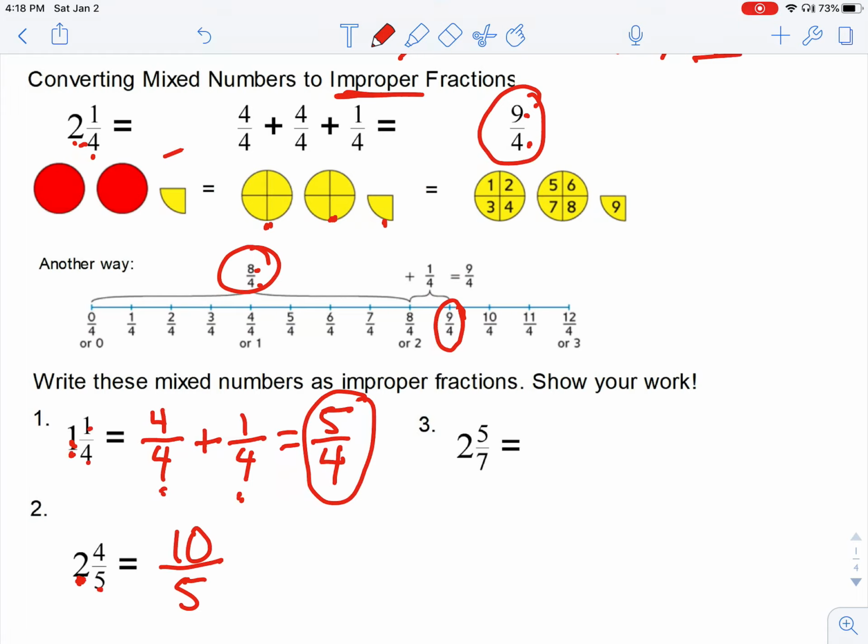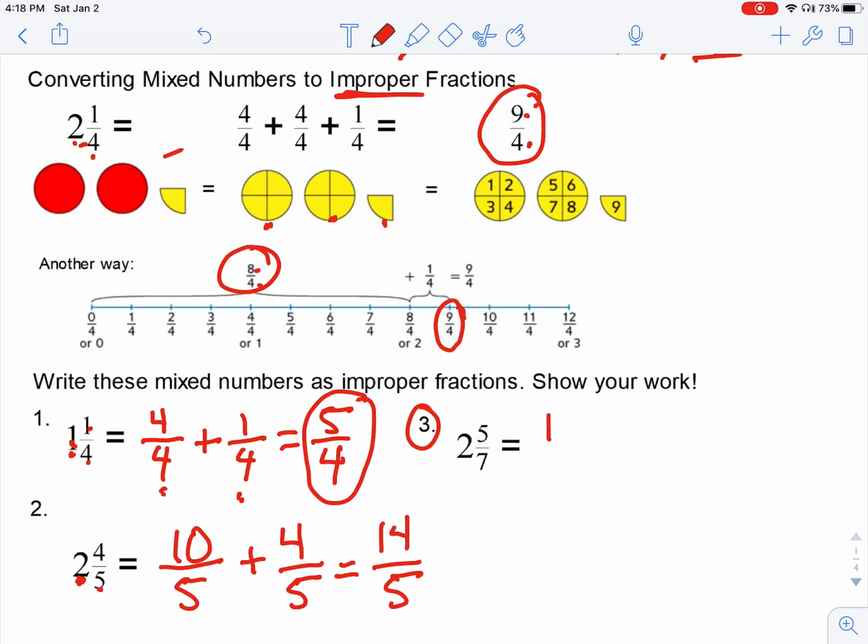We have 10/5 plus 4/5, and that brings us to 14/5 as our improper fraction. Okay, now pause the video, try number 3 on your own, play back when you're ready to see the answer.